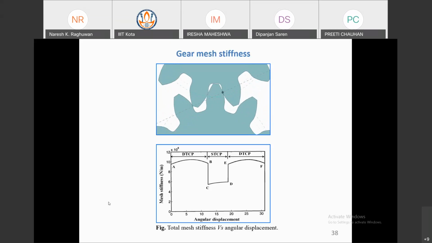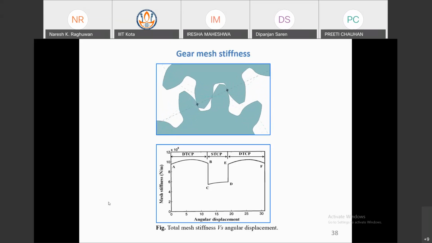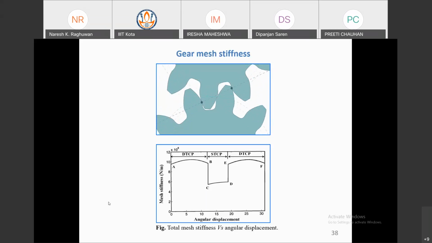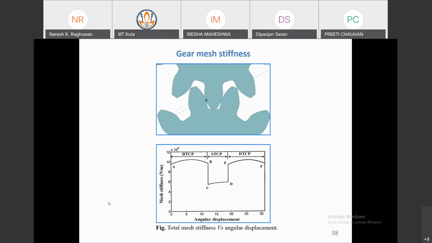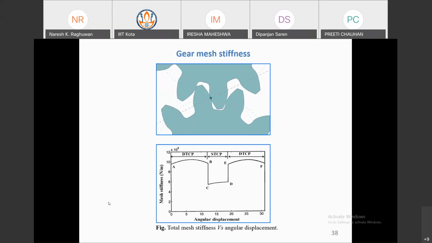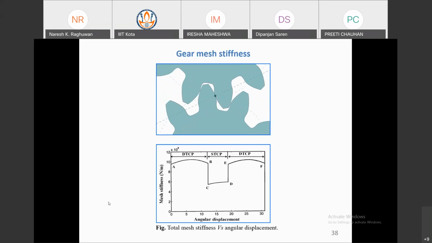But this is the case for a healthy gear also. And what happens if some crack or some pitting is there on the tooth? This is the case for a healthy gear: A to B, B to C sudden drop, then single tooth to double tooth, D to E, a sudden rise.